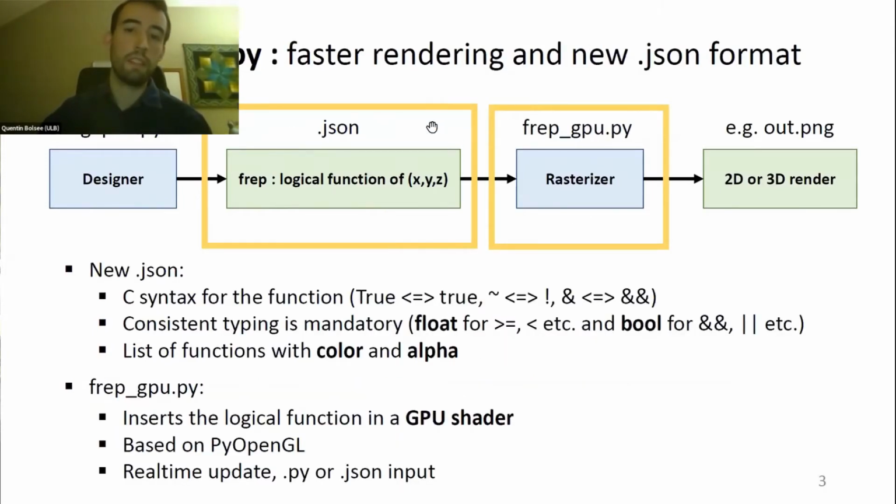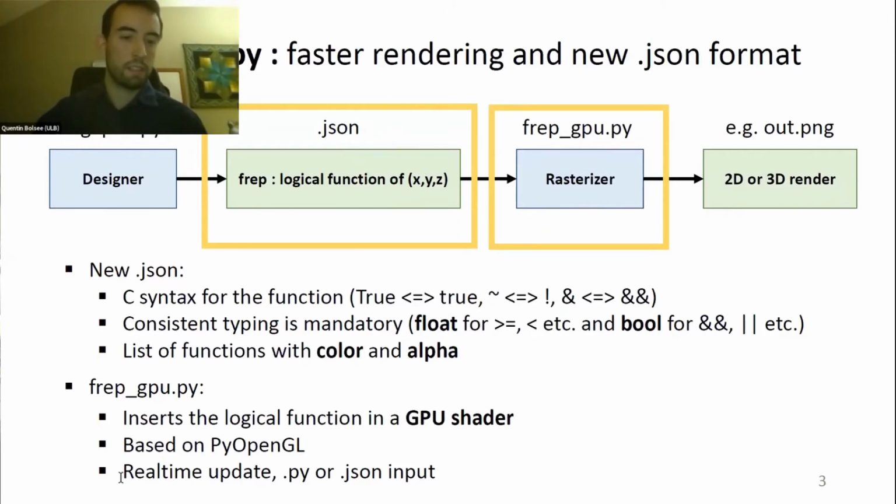Now I take it as a file path, but I also take a Python file path. It could be either. If it's a Python script, then frep GPU itself creates a process that calls the Python script, produces the JSON, and updates the view. So you don't have to do anything. You just have to modify your design file, you save it, and it updates. You will see it in a minute.